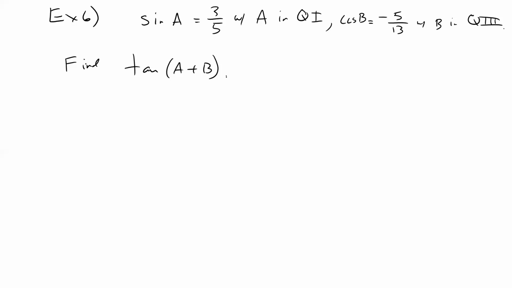So sine of A is 3/5. We're in quadrant 1, so it's this little angle right here. Not bad. It's, let's see, more than halfway. So here's my angle A. Angle B is all the way in quadrant 3. It's all the way down here. And what I'm trying to do is add those up.